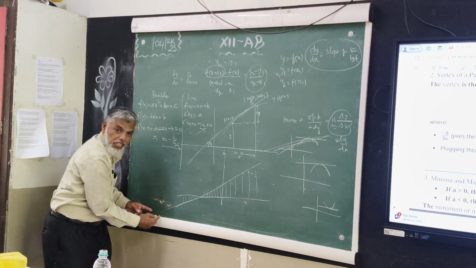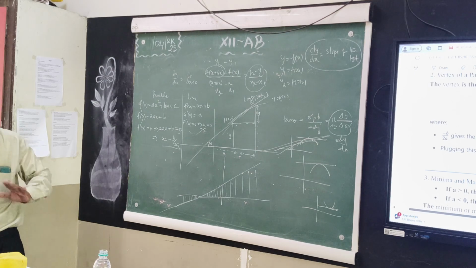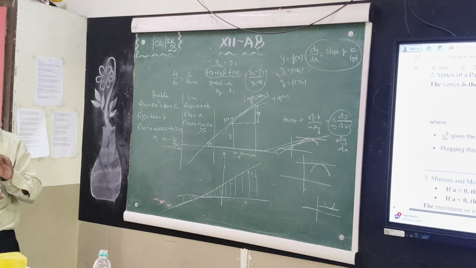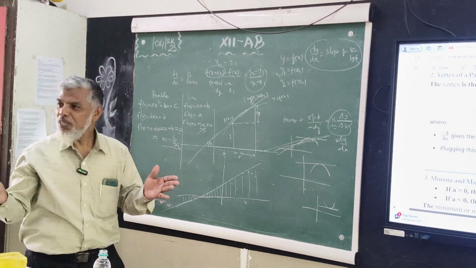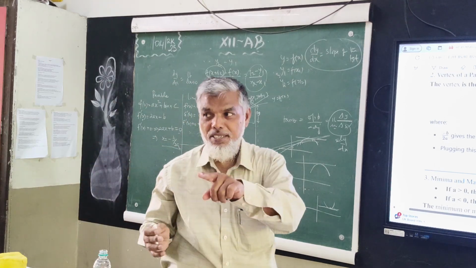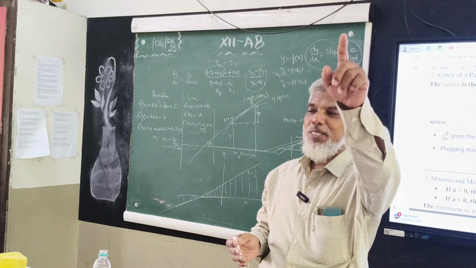At minus infinity, this will have a minimum value. Therefore, there is no fixed value for a maxima or a minima of a straight line. Why? Because there is no turning point. But we can find the local maxima, absolute maxima.